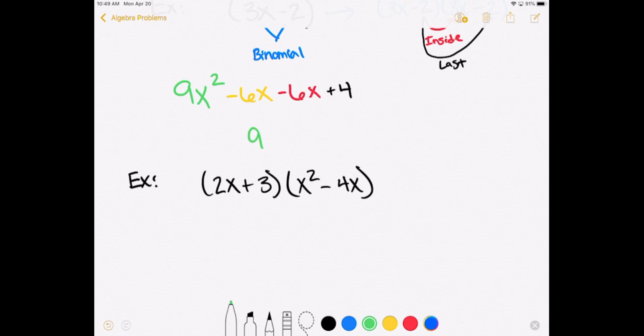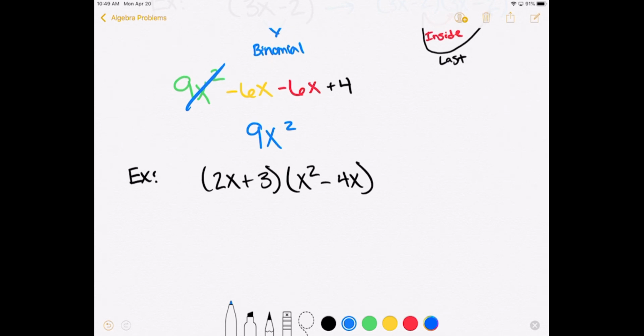So 9x squared is going to be part of our answer. So we're done with them. I like to mark them out when I'm done with them. In the middle, I have -6x minus 6 more x's. So -6x minus 6x is -12x.